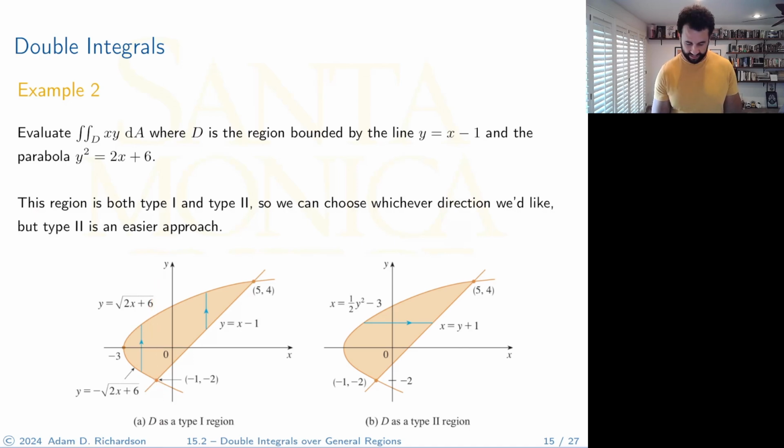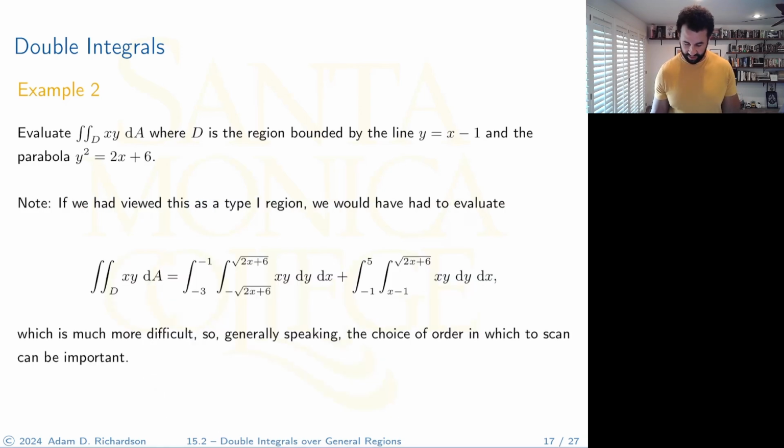So this is the lower curve up to this point, but then beyond this point, this is now the lower curve. So now we have to scan from this line to this square root function. And that's what's being shown right here. Integrate between these two root functions on some interval, and then integrate between the line and the square root function on the other interval. So it's more difficult.